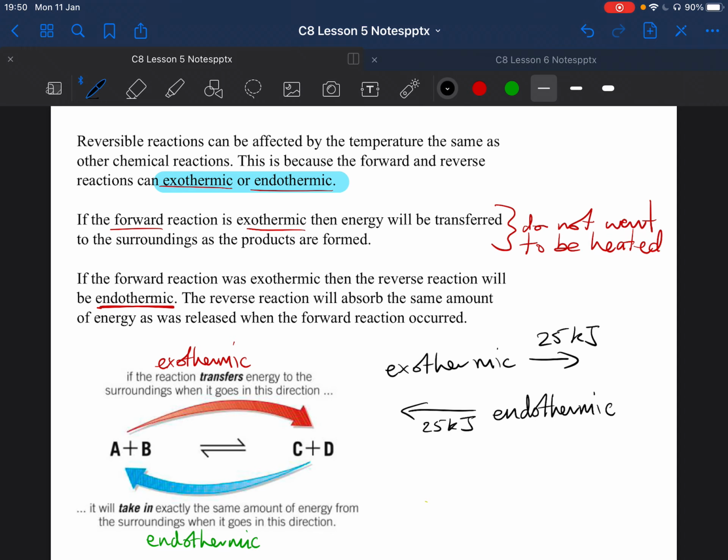The reason why the exothermic reaction releases exactly the same amount of energy as the endothermic reaction takes in is because they are breaking and forming the same number of bonds.